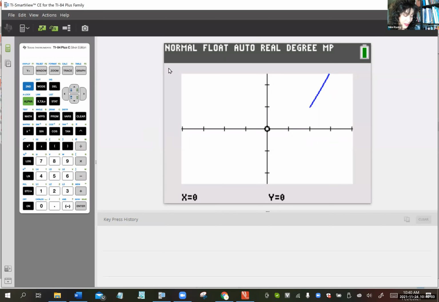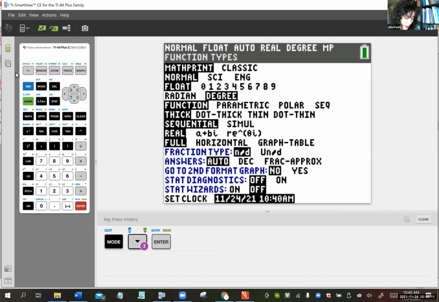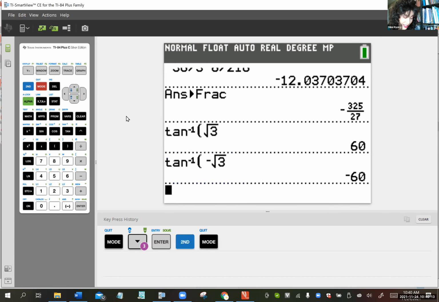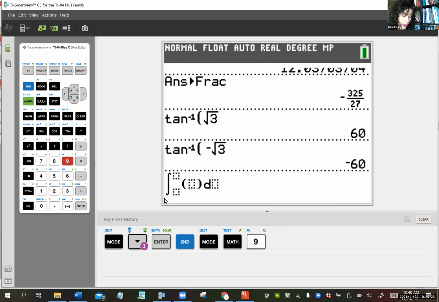So first of all, make sure you're in the right mode. Oh, I'm in parametric mode. That is not going to work. Make sure you're in func mode here because we're going to be integrating a function of x. So this is where you hit the math button and then see at the bottom where it says FNINT, the number 9 choice. I'm just going to hit number 9 and then enter in all the pertinent things.